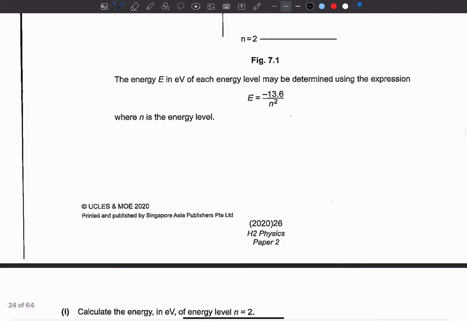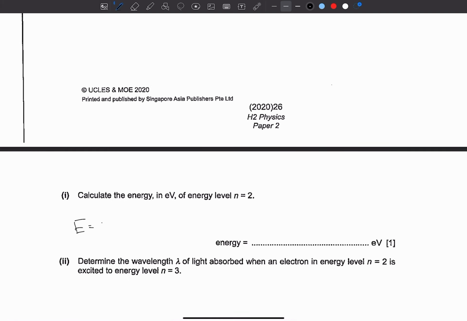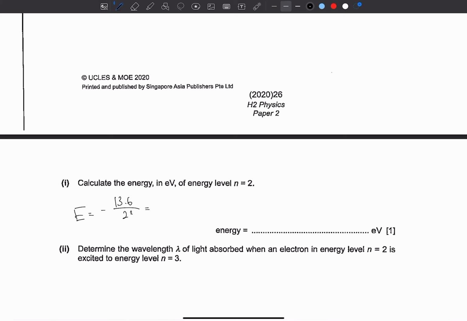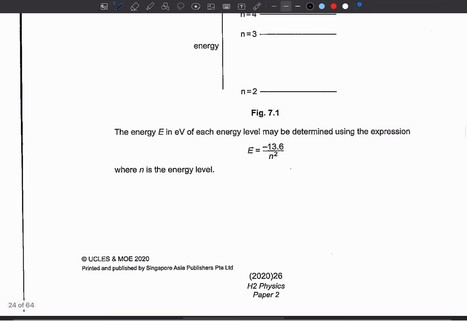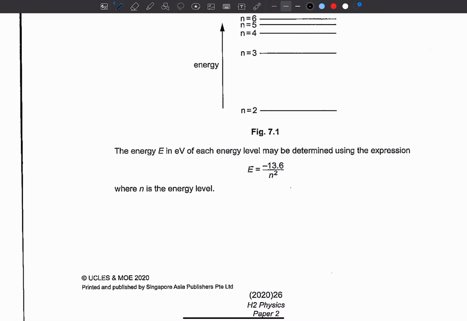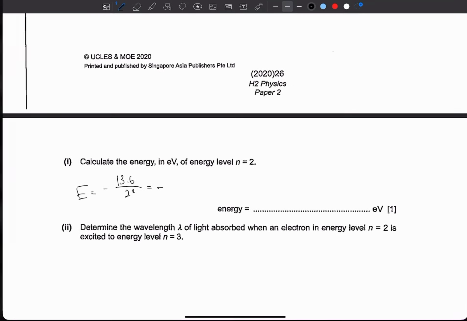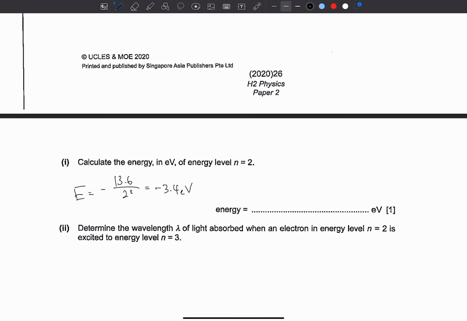So we just sub in the number, all over 2 squared. This will give us negative 3.4 eV.